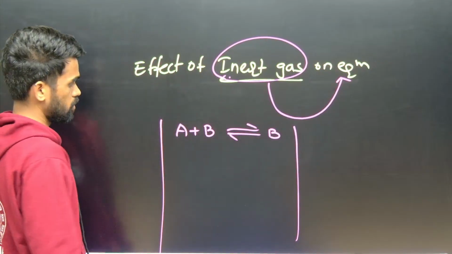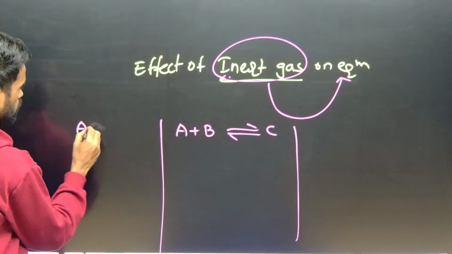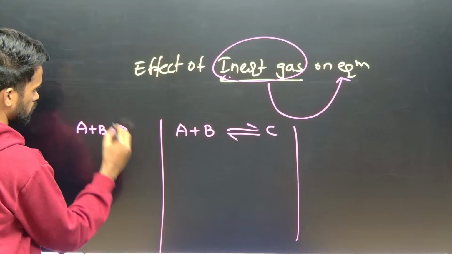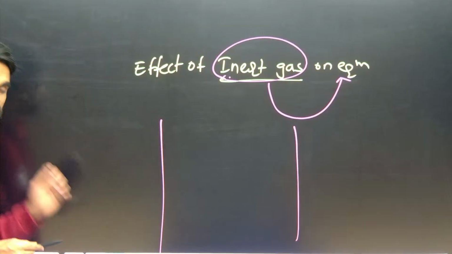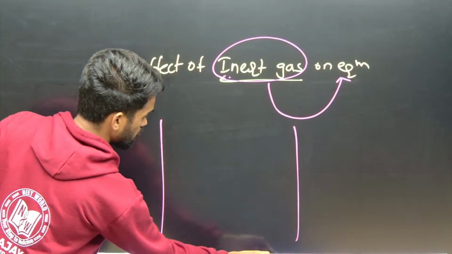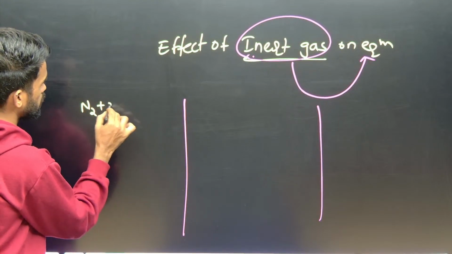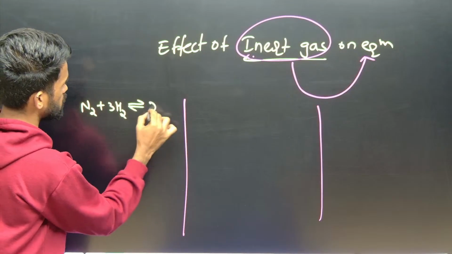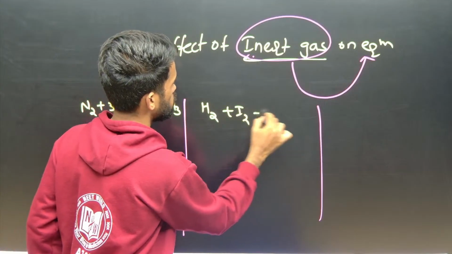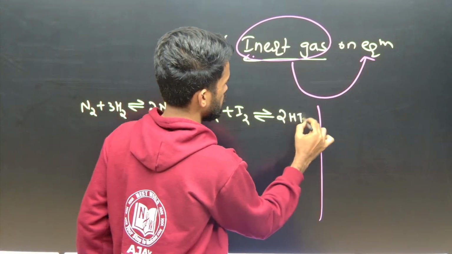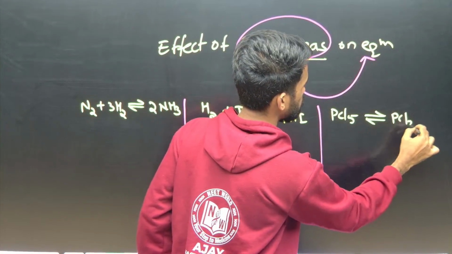Whatever examples we considered previously, the same examples I am taking here so that you get more clarity on the chemical reactions. First, N2 plus 3H2 gives rise to 2NH3, then H2 plus I2 gives rise to 2HI, and then PCl5 decomposes to give PCl3 plus Cl2.